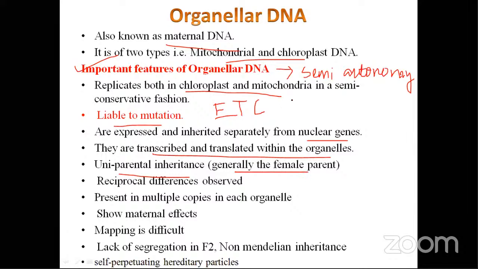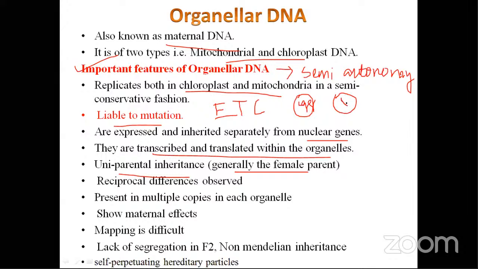It will show uniparental inheritance because they are generally inherited from the female parent. Why are they inherited from the female parent? Because as you see in all cases, in humans and in plants also, the egg cell is much bigger than the pollen. The egg is very big and this is very small.